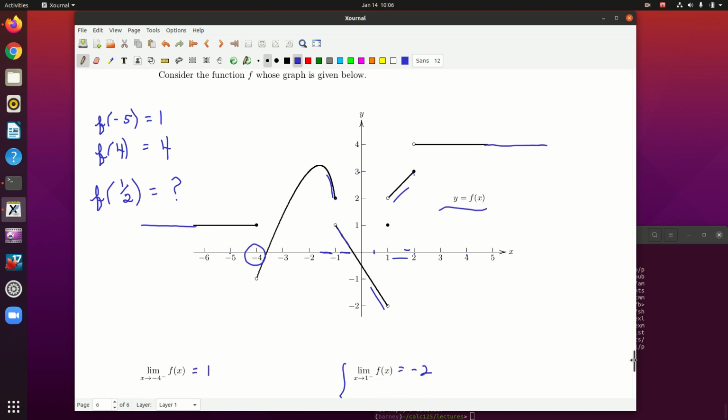Well, from the picture, it's clear that the function is a line that goes through the points -1, 1, and then it goes through 1, -2 as well. So then we could find the equation of the line that goes through those 2 points.